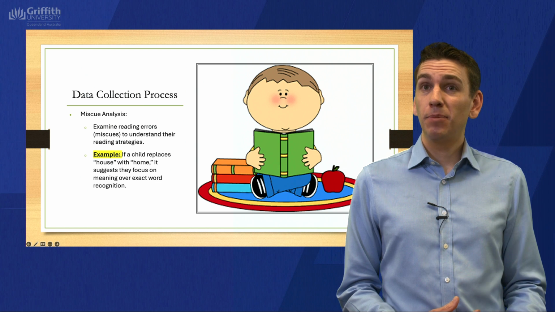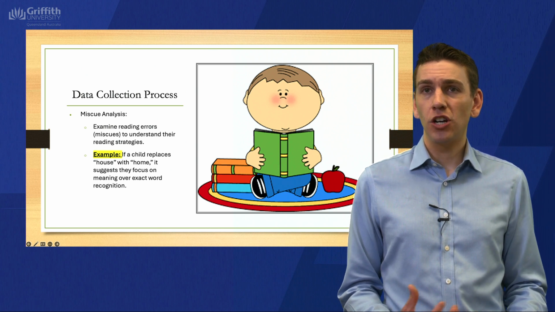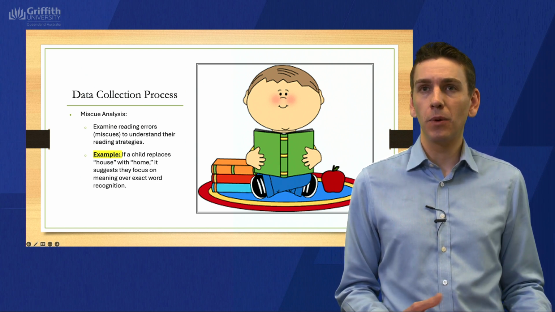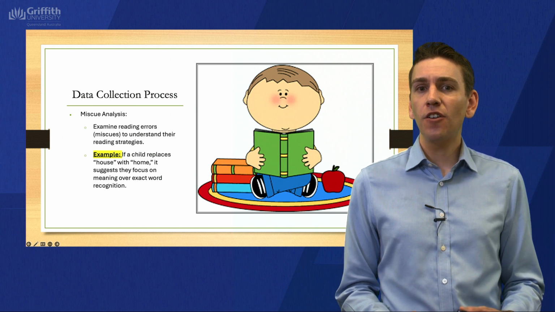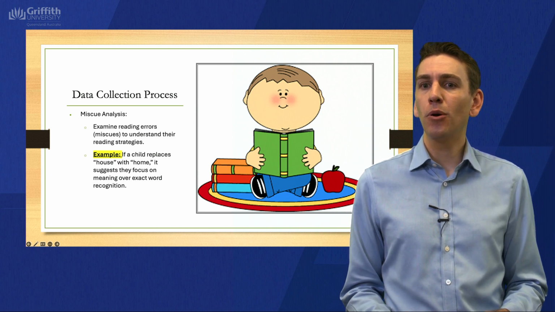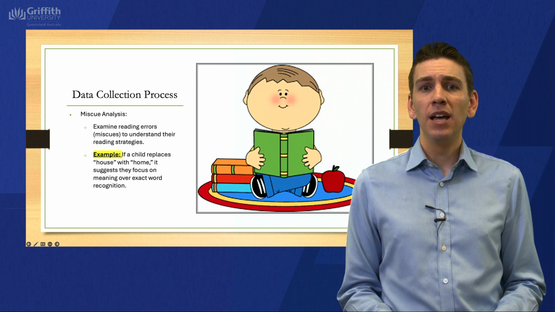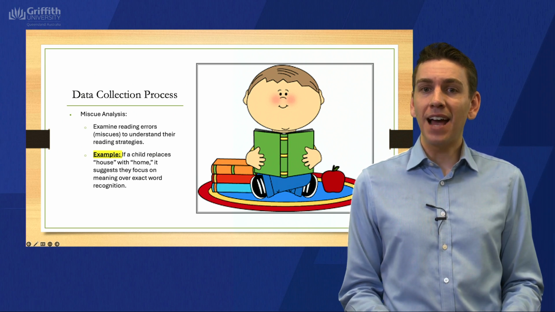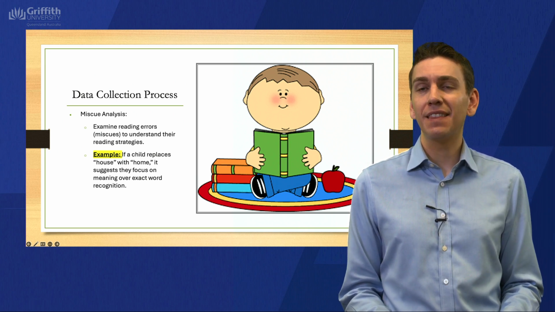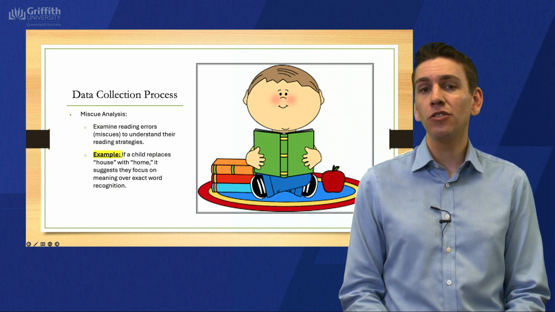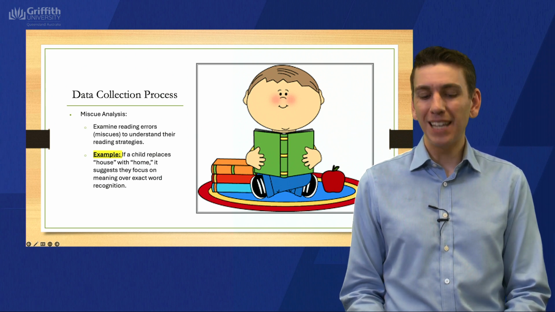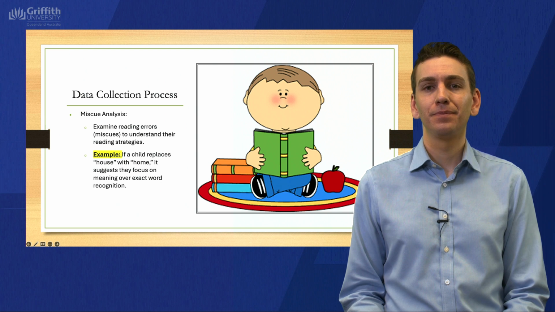So the example I gave before with house and the child substitutes it for home, or I think it was the other way around, home and house, it shows they're focusing more on the meaning than that perfect word recognition there as well. So that tells us something about that reading behaviour and that reading strategy, and that will then become data that you can use to guide your support for them moving forward.